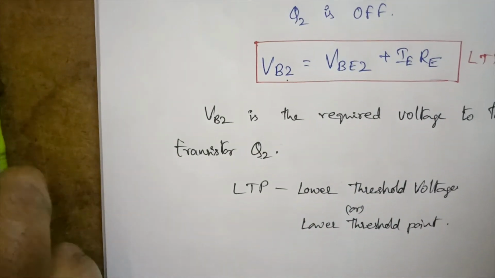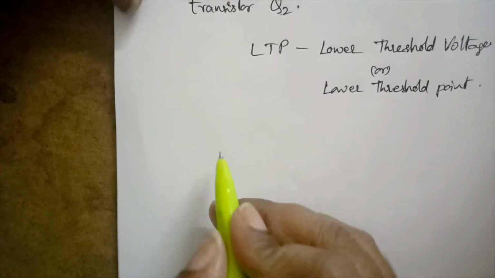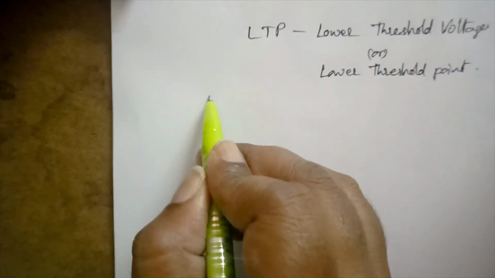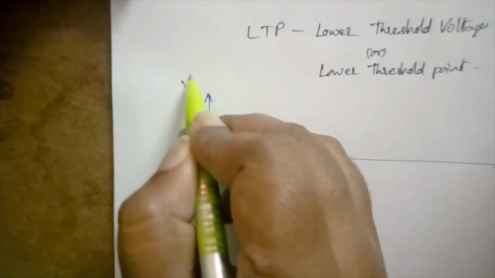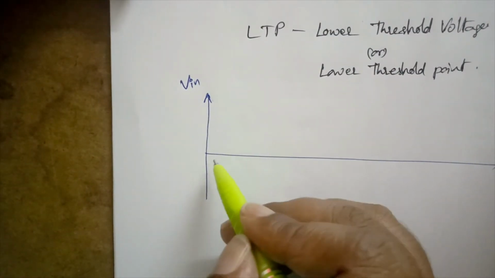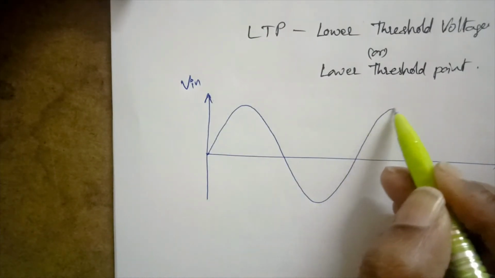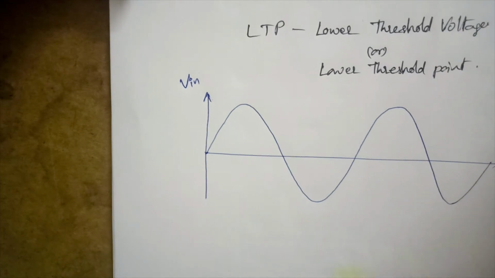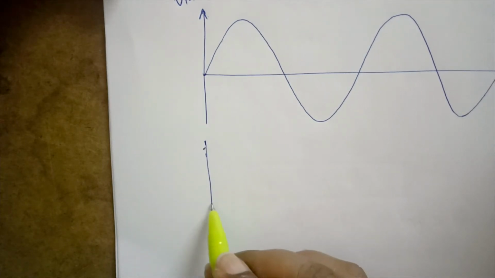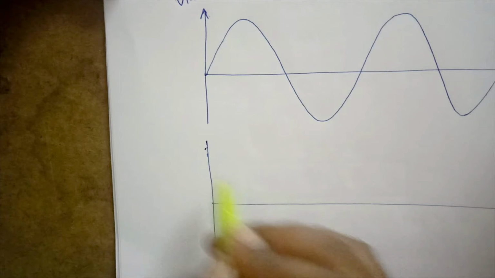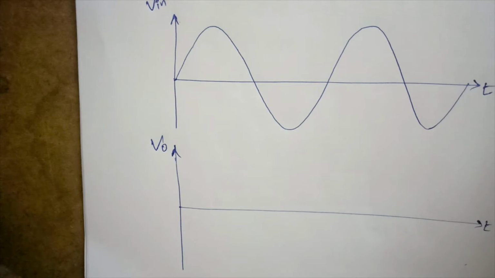Now see the waveforms, how we are getting the waveforms. So I am taking the reference waveform as a sinusoidal waveform, Vin. And this is Vout.